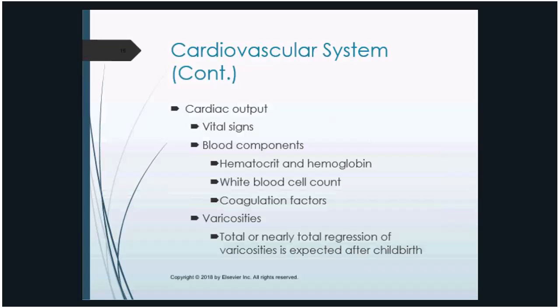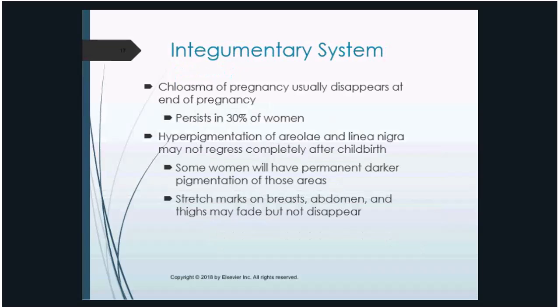Varicosities: total or nearly total regression of varicosities is expected after childbirth. Chloasma of pregnancy usually disappears at the end of pregnancy. That's the brown spots that may appear on the face, which persist in 30% of women.